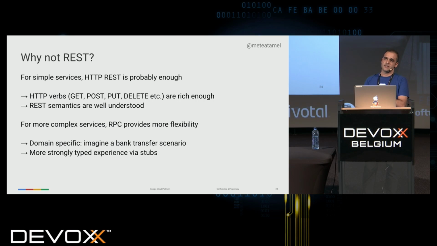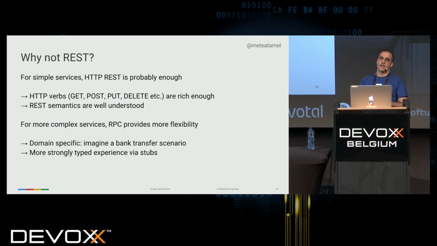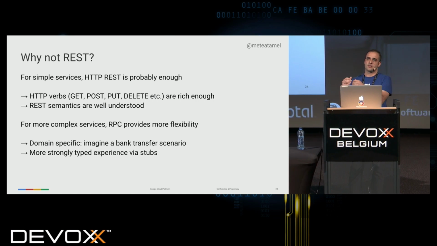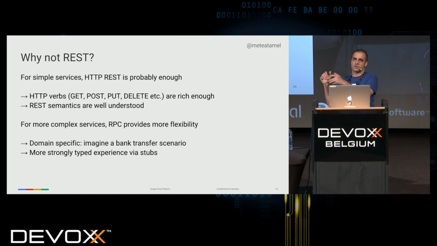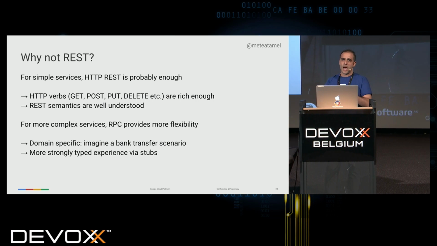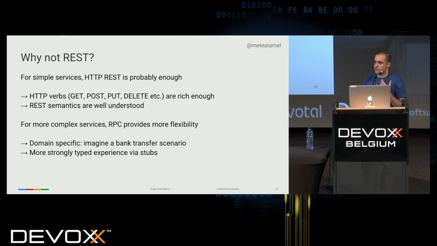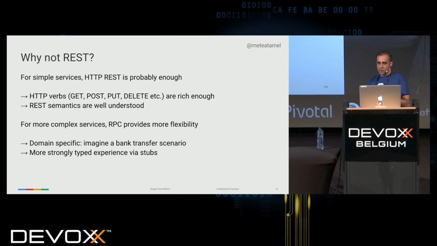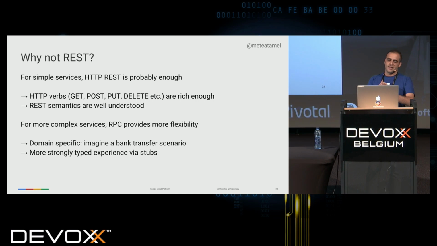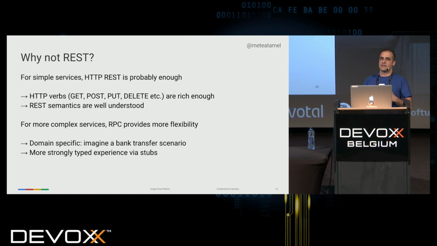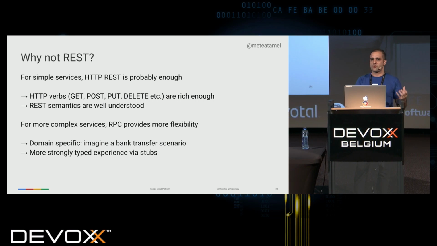Instead, if you use RPC, you can create a bank service with a method that says transfer from this account to this account, that amount, and you can abstract away all this complexity using RPC. That's what I like about it: in complex scenarios, it helps you abstract and make it look like a local call for the client, even though it's not local.